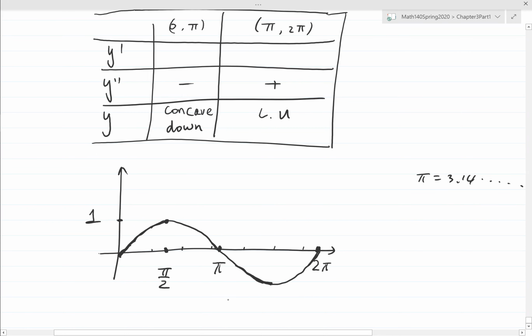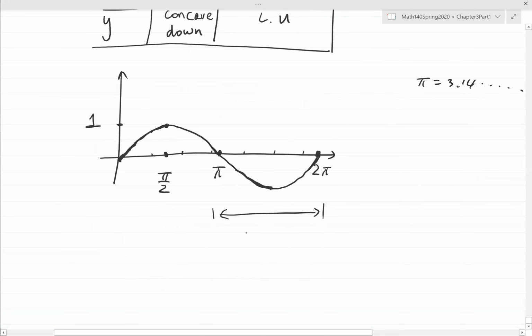So this part is concave down, downward. Now this part concaves up, upward.